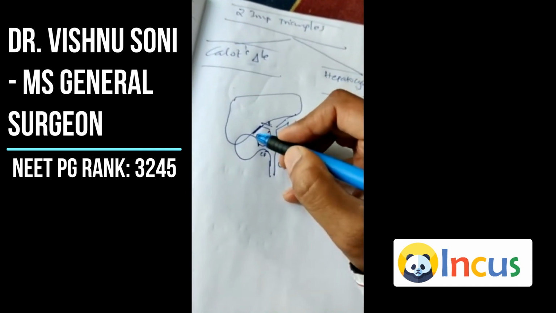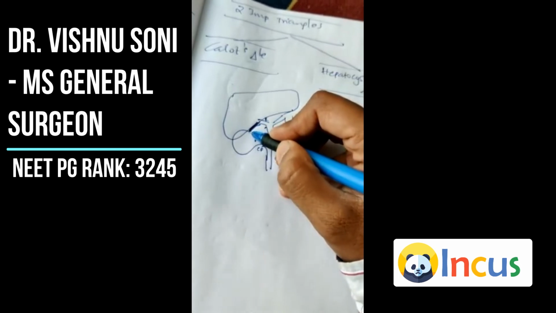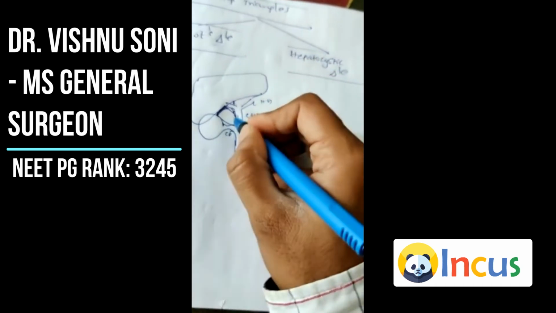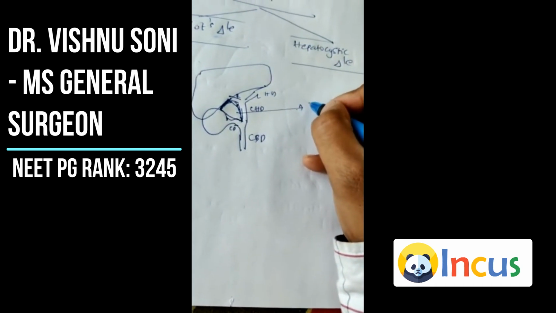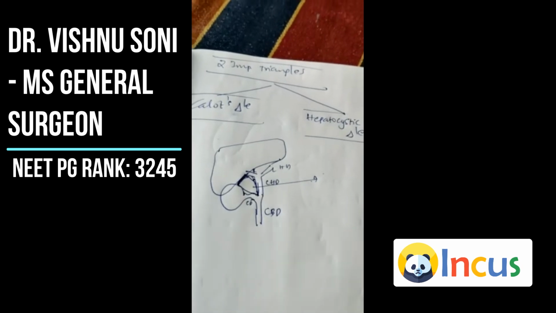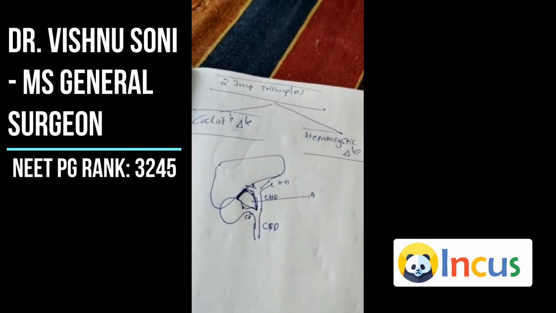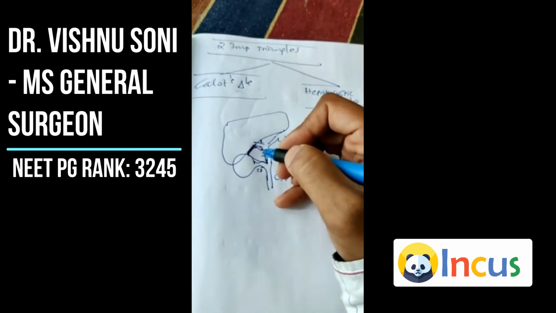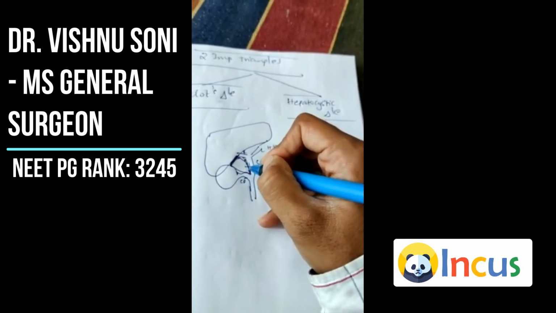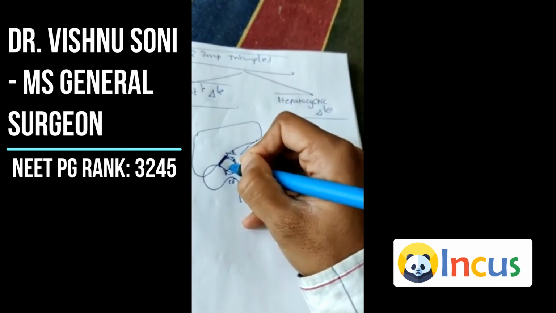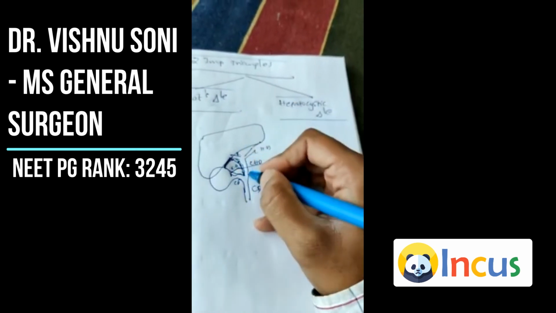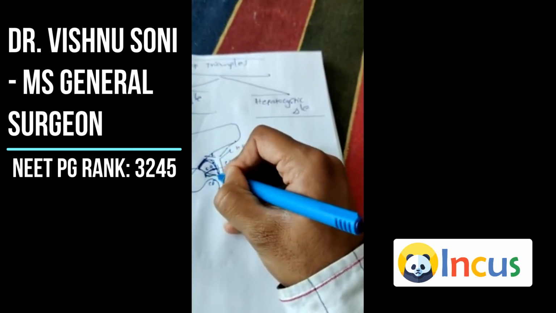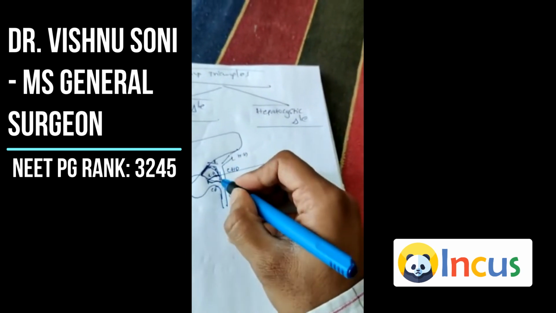Hepatocystic triangle: this is the inferior surface of the liver, the cystic duct and the common hepatic duct. Next, Calot's triangle: there's a cystic artery going through this. Calot's triangle has one boundary formed by the cystic artery, another by the cystic duct, and another by the common hepatic duct.